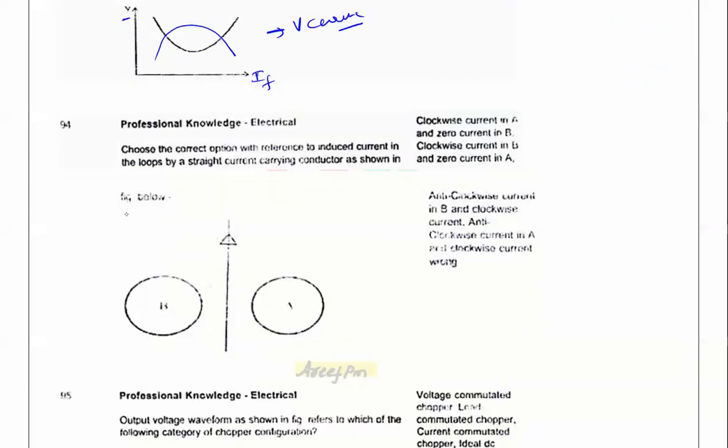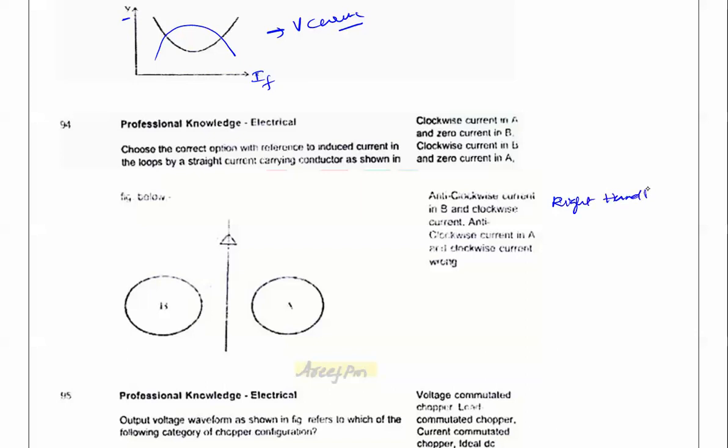Next one, an interesting question: choose the correct option in reference to the induced current in the loops by a straight current carrying conductor as shown in the figure. Here we can apply our right hand rule.